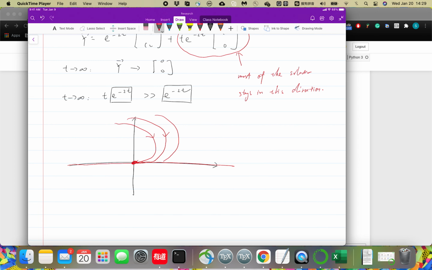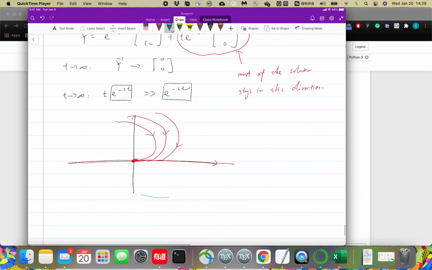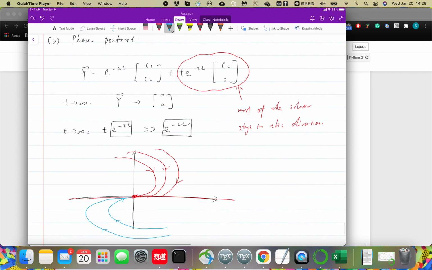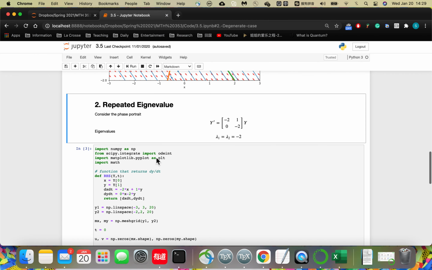Similarly, from this direction, they cannot approach like that. They have to follow very close to the straight line there, because when t is big, this part dominates, which stays on this straight line. So you will see a trajectory like this. Okay? Let's plot it.